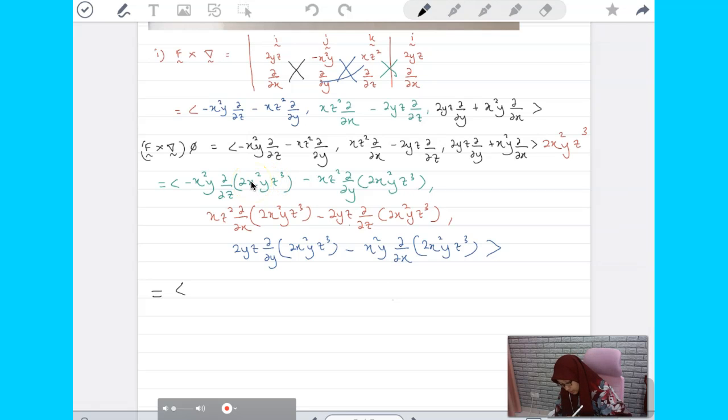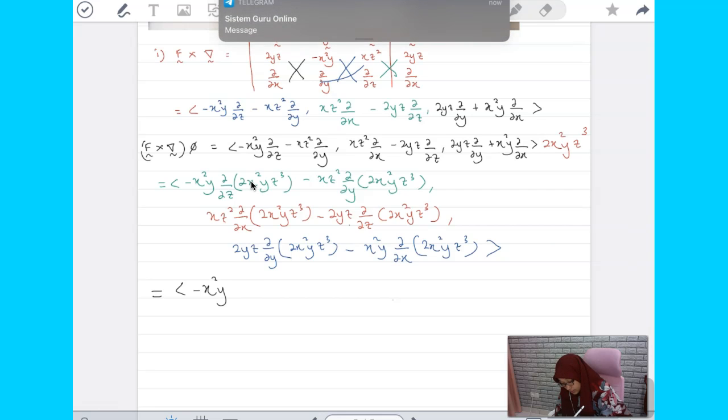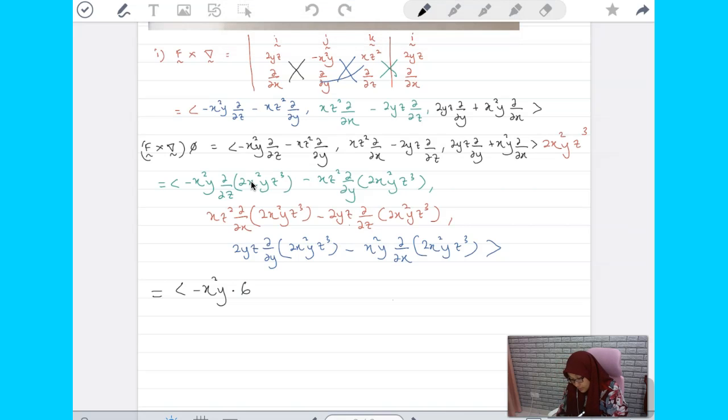So this will give you 6x squared y z squared, minus z squared, and then differentiate this with respect to y, so you have 2x squared z cubed.